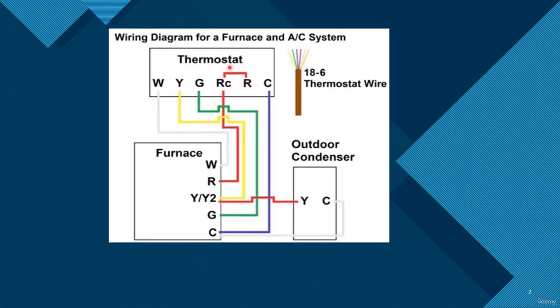So you'll send the 24 volts here to the Y. That'll come down and send power to the Y terminal on the control board, which will start the air conditioner. And as you can see on the condenser, you'll have one wire going out there connected to the Y as well. And then one is the common, which is again the ground. So any circuit, any load, such as a motor or a relay, a light bulb, they all require a common or a ground, neutral, and a power source.